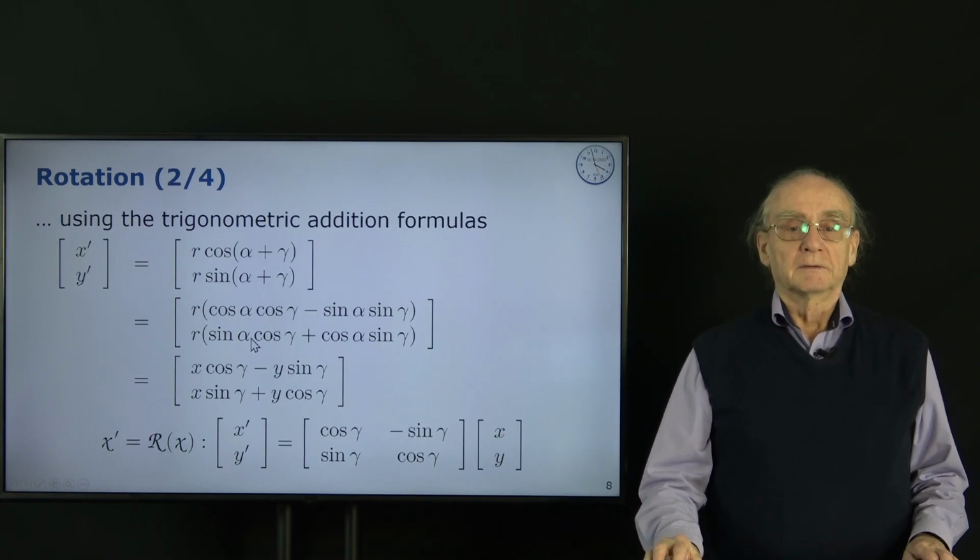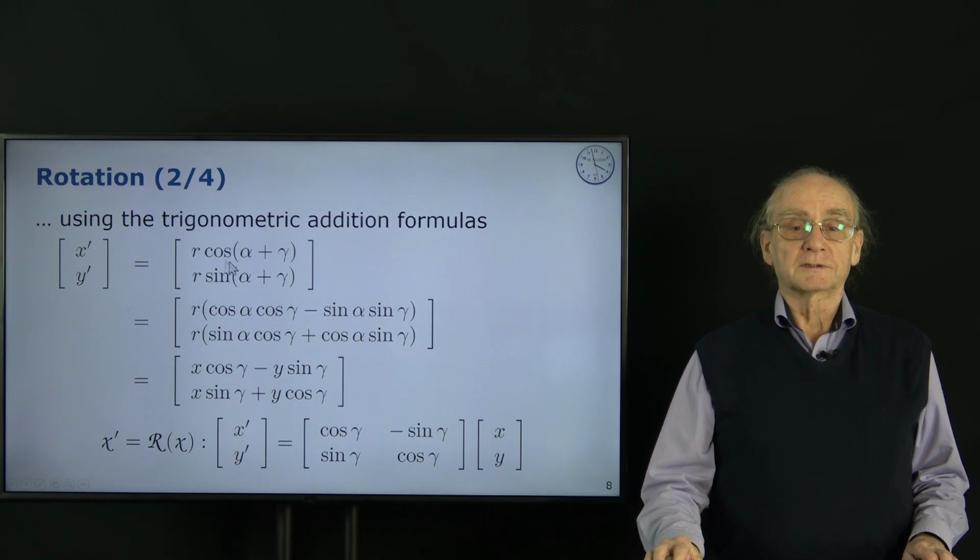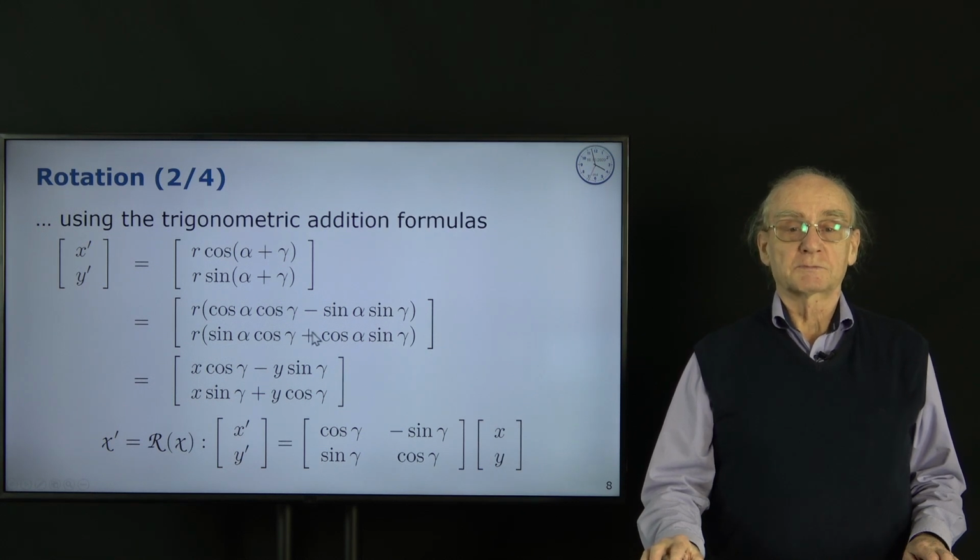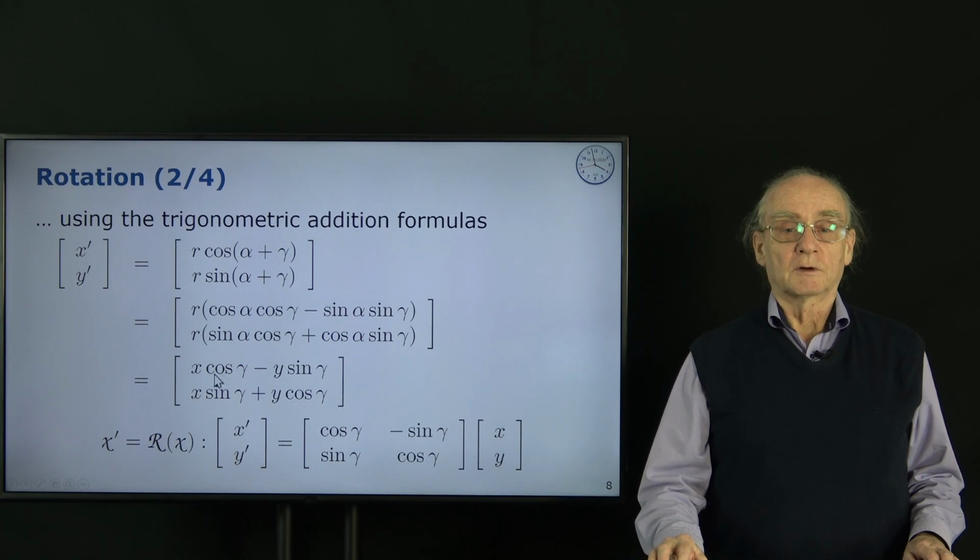And then the new point, of course, is with a new angle alpha plus gamma. And if we use the trigonometric addition formulas, we get this expression, and then we use r cos alpha here in this expression for x, etc. And we get this expression, and this is obviously linear in x and y.